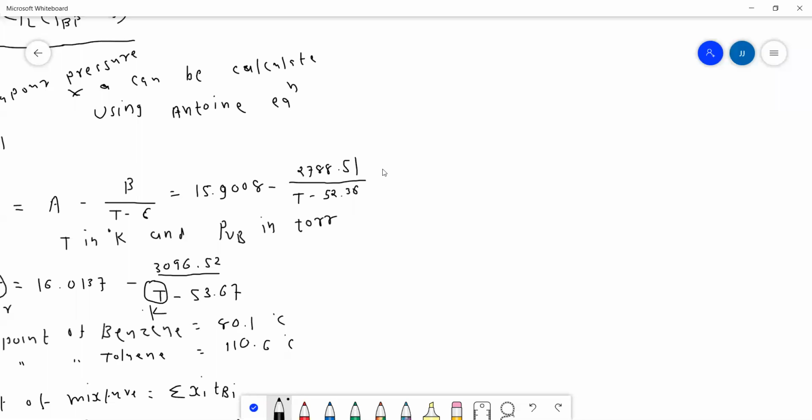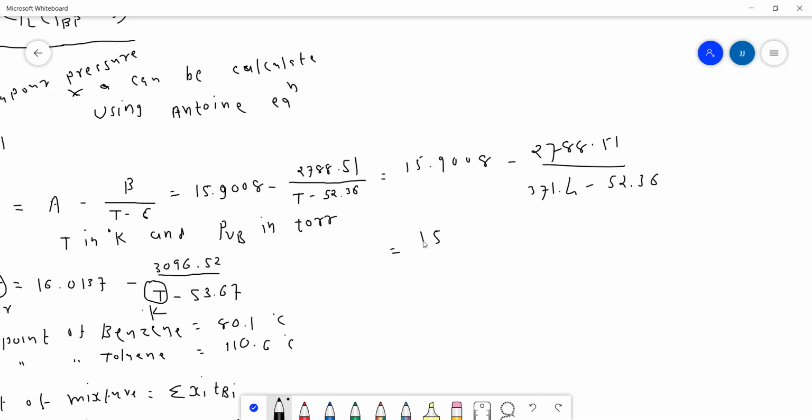So this is equal to 15.9008 minus 2788.51 divided by the temperature, 371.4 Kelvin, minus 52.36.